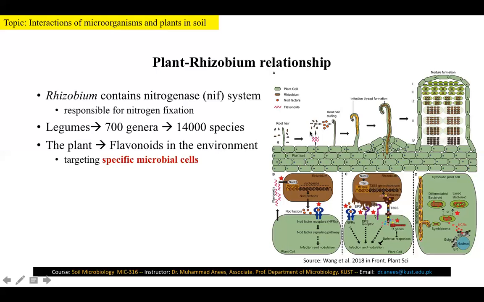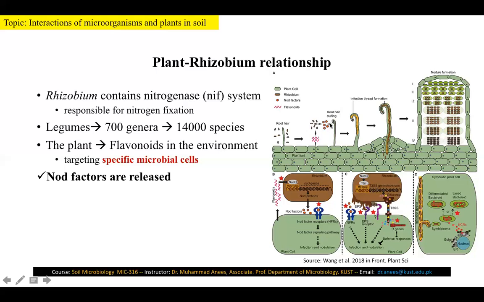So these are the rhizobial cells present close to the root hair, and they can sense the flavonoids. Now, when the flavonoids are sensed by the rhizobial microorganisms, rhizobium, there will be a series of genes that will be expressed inside the microorganisms responsible for production of node factors.